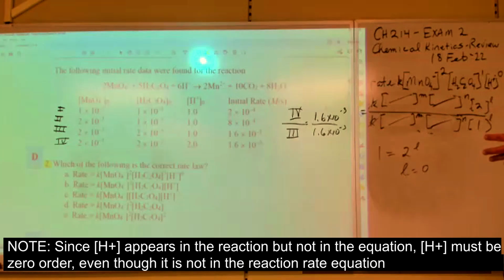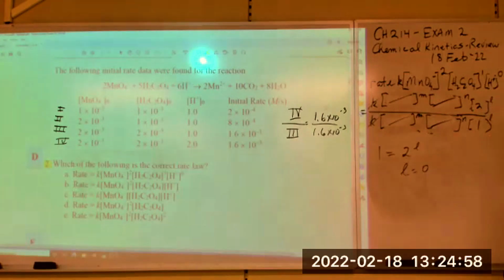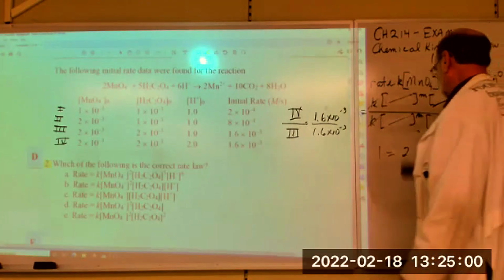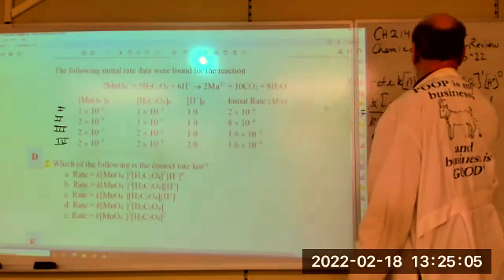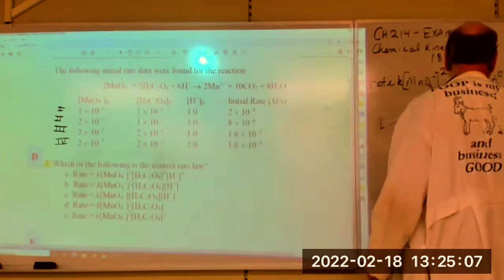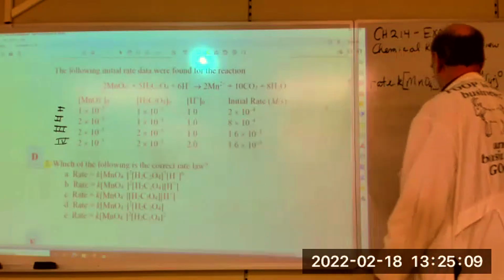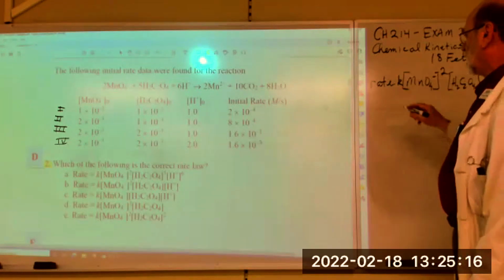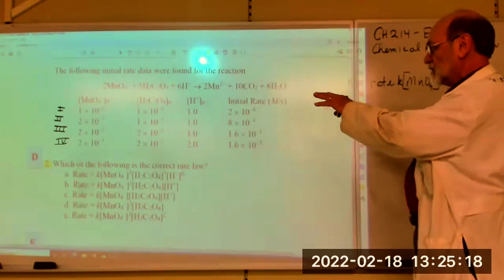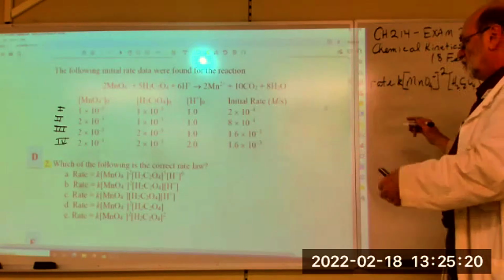Okay. The question doesn't ask us for k, but how would we find k? It's really pretty simple, actually. There's our equation. So now that we've got our equation, we would just pick one of these and say, what's the rate?